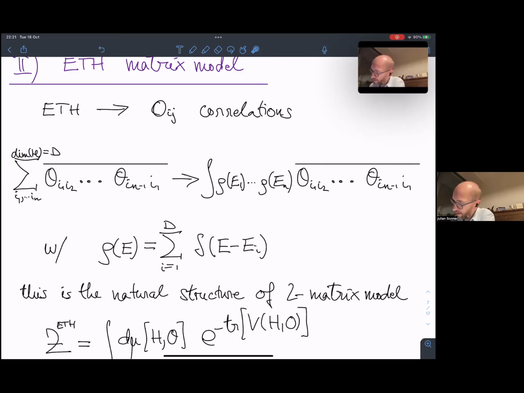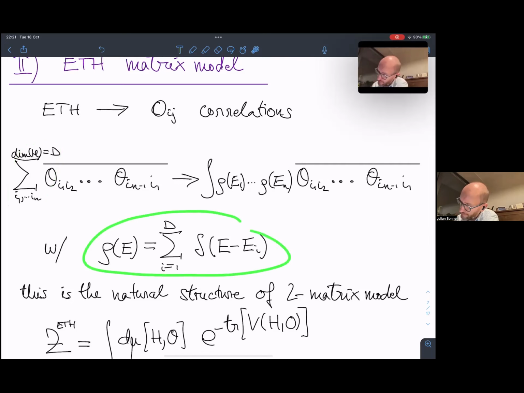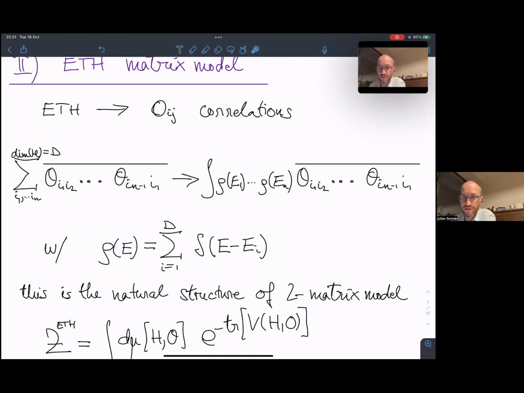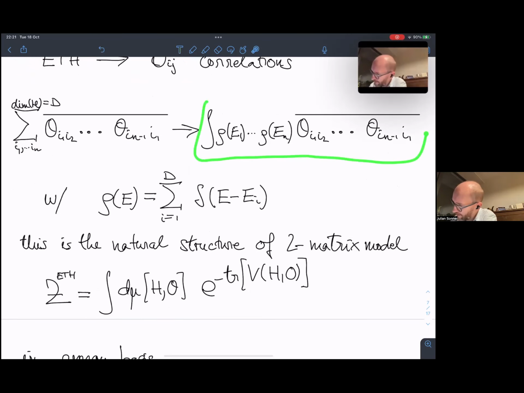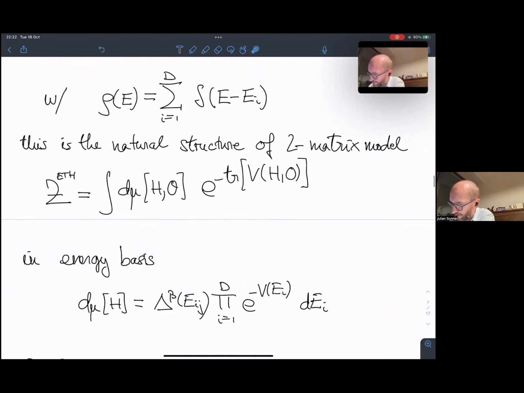And of course, by just defining your spectral density to be the sum of delta functions at all of the eigenenergies, you can transform these spectral sums and correlation functions into integrals where you have inserted n spectral densities for n operators that you're summing. But now notice that this kind of thing is precisely the natural structure that you get in a two-matrix model, which I will define for you now.